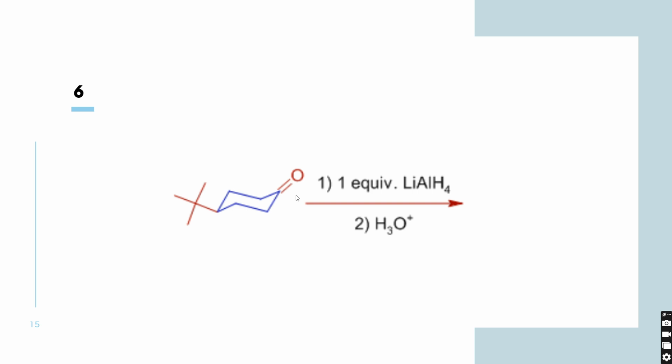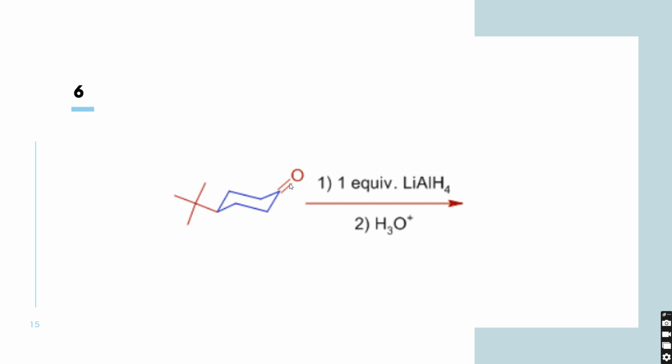Now you have to specify whether the newly formed hydroxy group will be axial or equatorial. For that you have to look at the stability of the formed product: which product will be more stable, the one containing the axial hydroxy or the one containing the equatorial hydroxy.